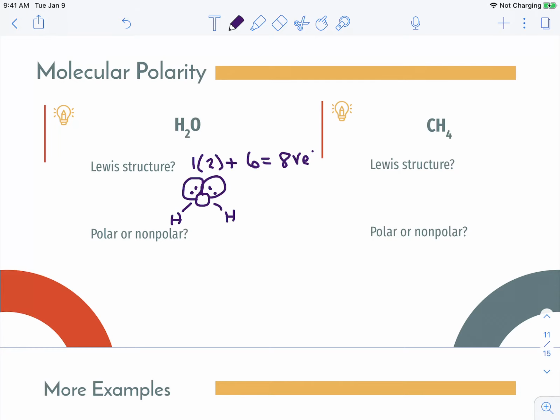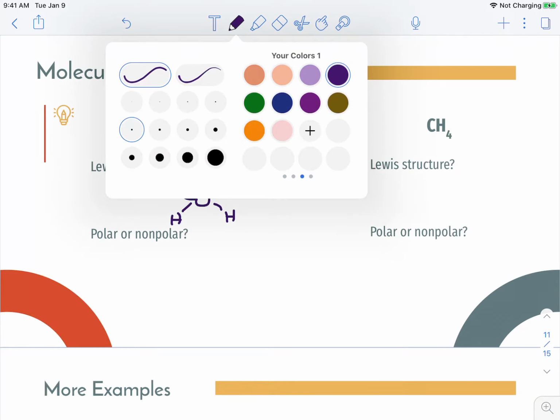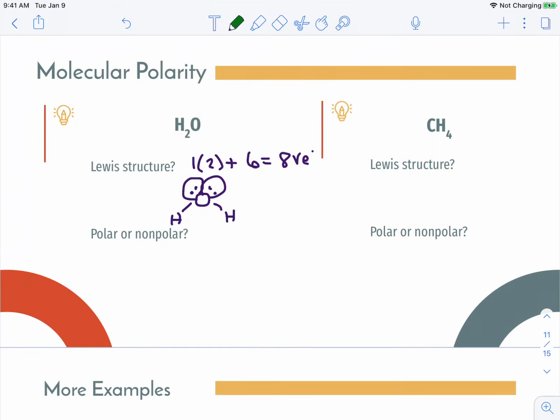Okay. Now, because oxygen has a higher electronegativity, it's going to pull electrons in that direction. And remember, we're talking bond polarity, and hydrogen's electrons are going to be pulled in that direction.